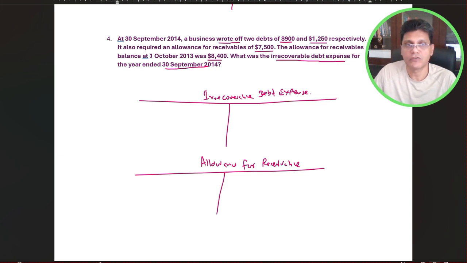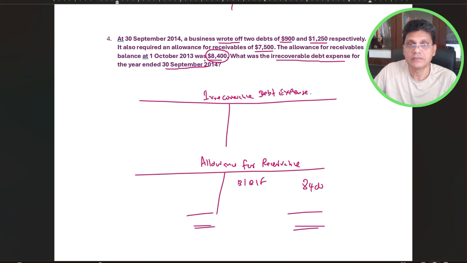When you take the allowance for receivable, the provision balance was 8,400. So let's take the provision balance brought forward, 8,400, and they wanted a balance at the year end, which is 30th September 2014, to be 7,500. So this 8,400 was the 2013 opening balance.